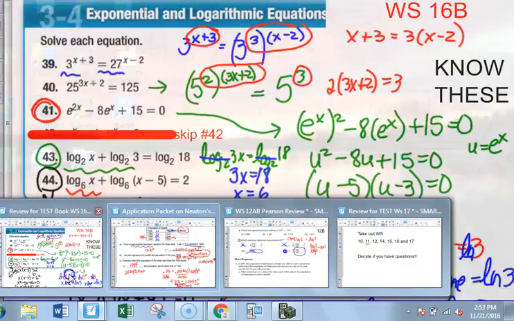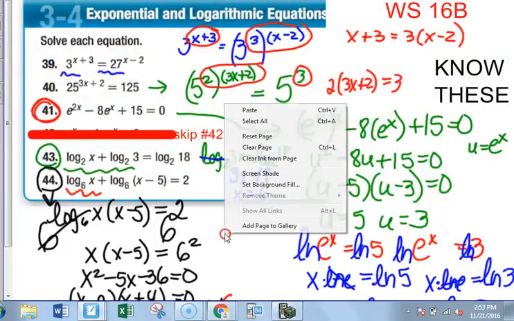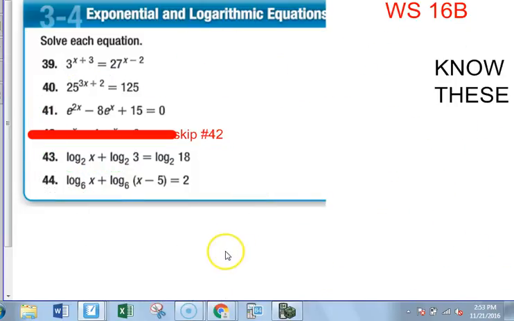I am going to talk about 16 then. Kind of. The only problems I'm going to talk about are these 5 equations, because this test does not have questions like, what is the log base 2 of 8?